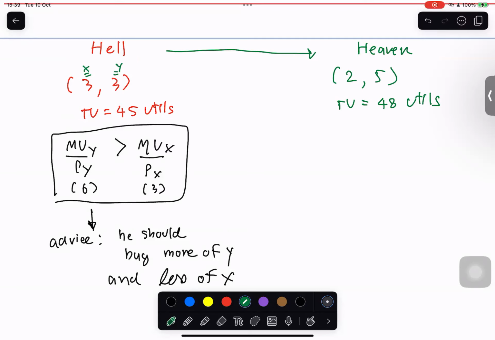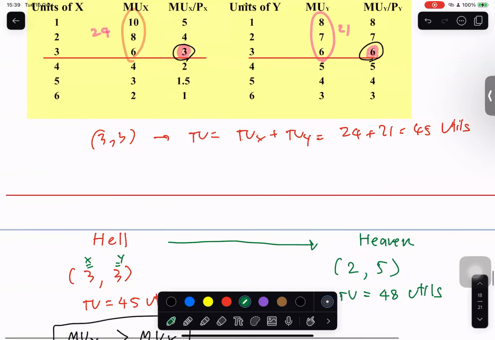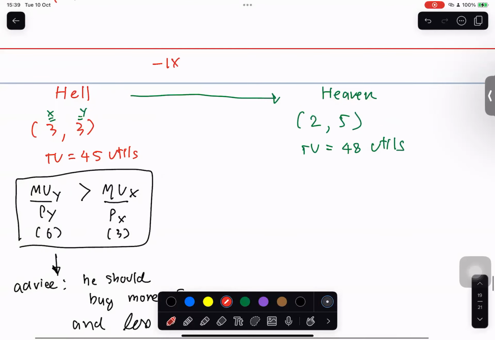Okay, this guy will return good X to the seller, let's say. Now he has 3. Let's return. I will put the notation like this. He will return 1X to the seller.